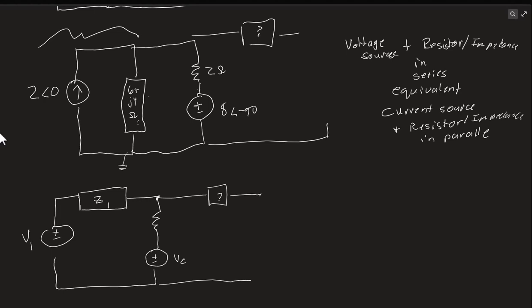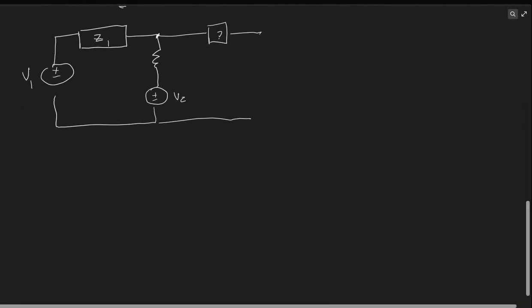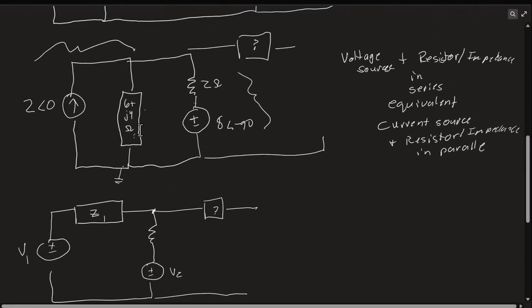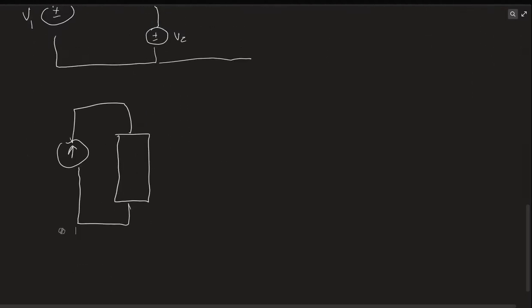If instead we transform these two, what we'll get is something that looks like this. So we'd have our original current source and our impedance. So this was 2 angle 0 and 6 plus j4.